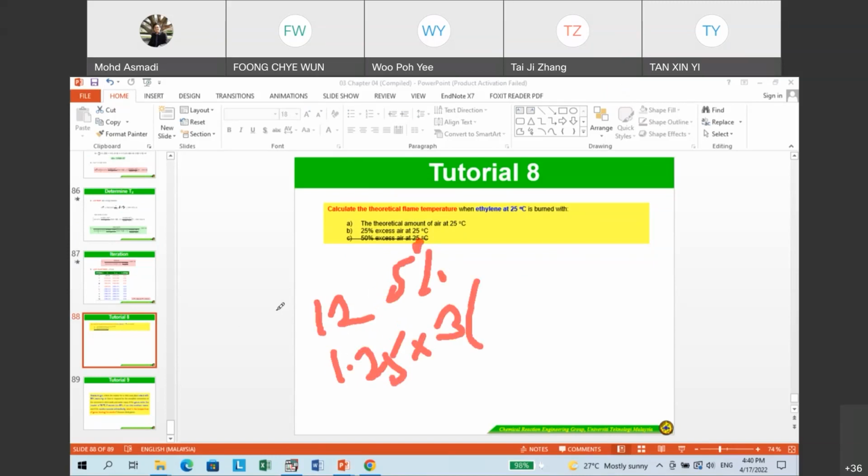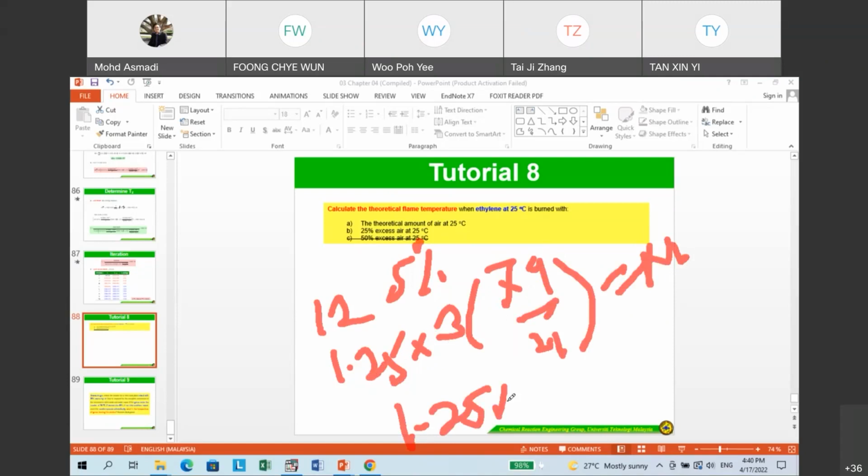Times with how many number of mole? Okay, 79. This one is for the nitrogen. If for the oxygen, just 1.25 times with 3. So you can get, this one is for the nitrogen. For oxygen, just 1.25 times with 3.